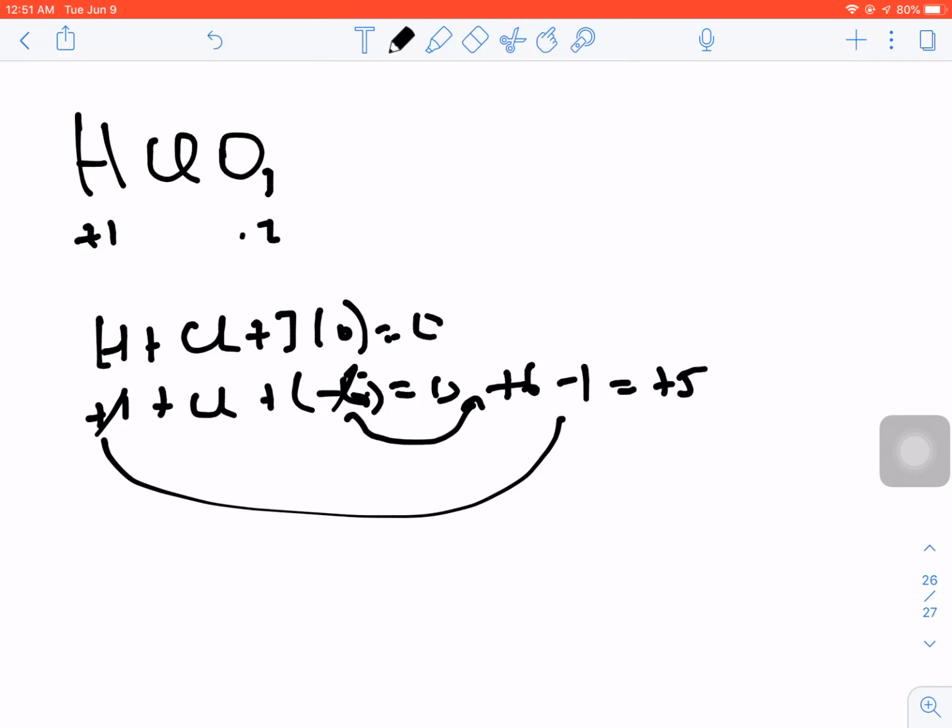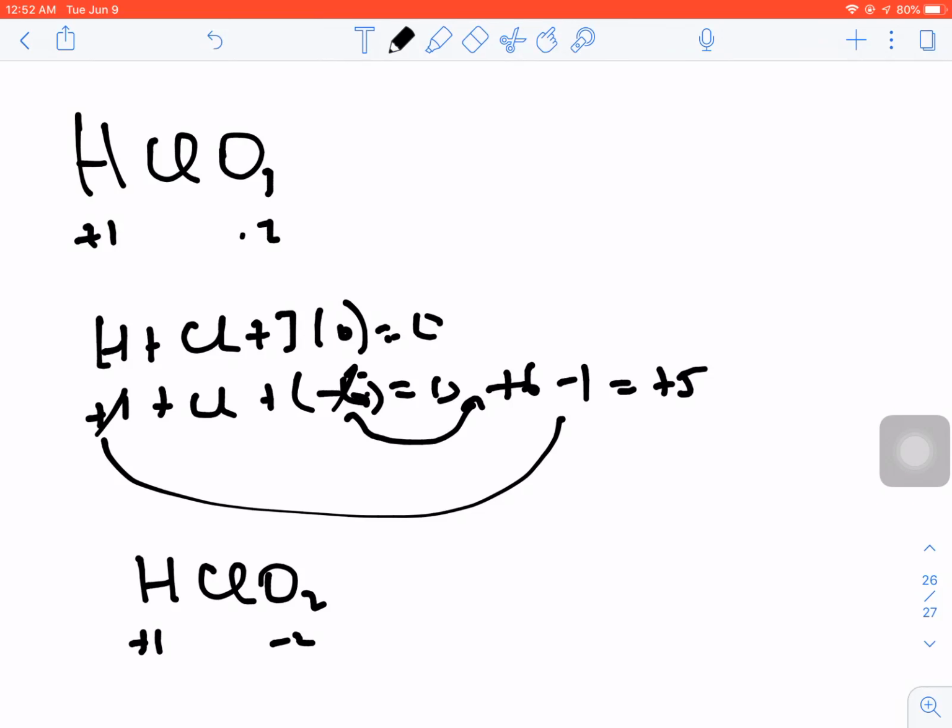Now there's also a compound that is HClO2. It's a different type of acid, right? One is called chloric acid, one is called chlorous acid. And HClO2, again, oxygen is minus 2, hydrogen is plus 1.